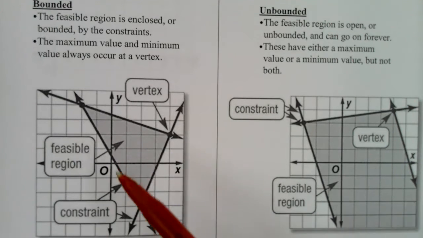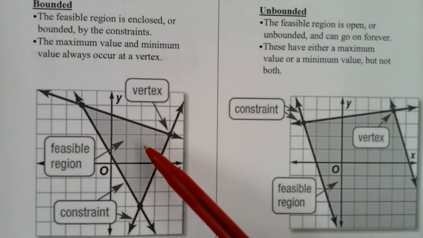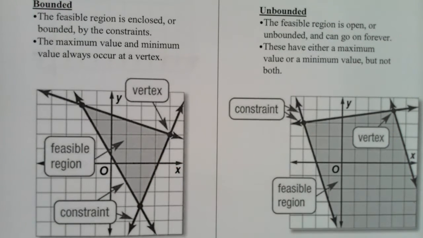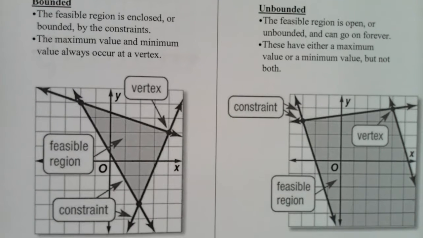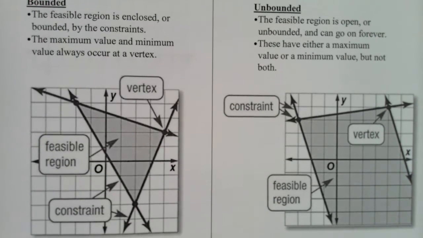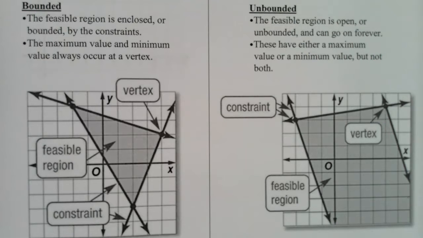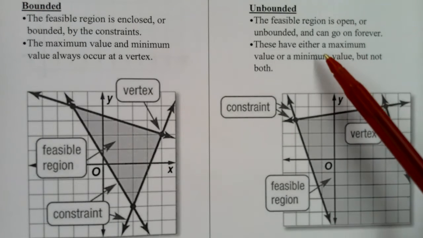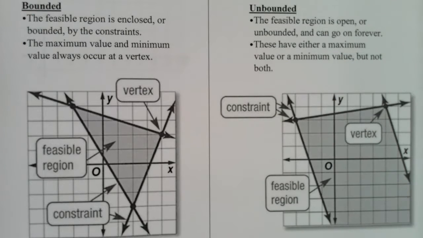The maximum value and the minimum value always occur at a vertex for the bounded. For the unbounded, the feasible region is open and it can go on forever. These have either a maximum or a minimum value, but not both. And again, that always occurs at a vertex.